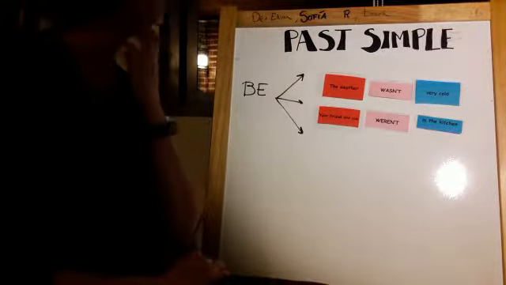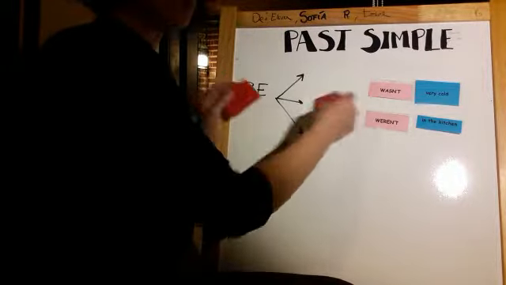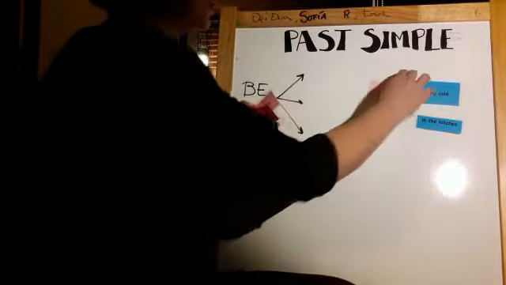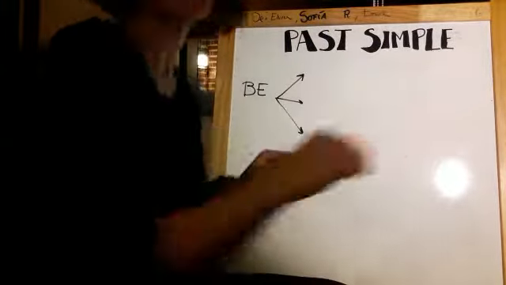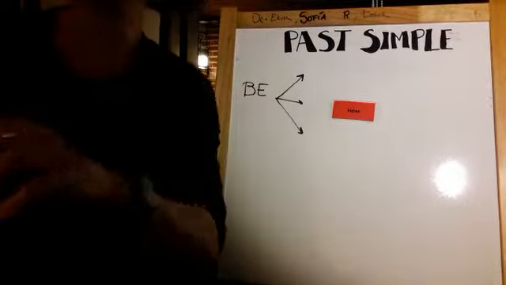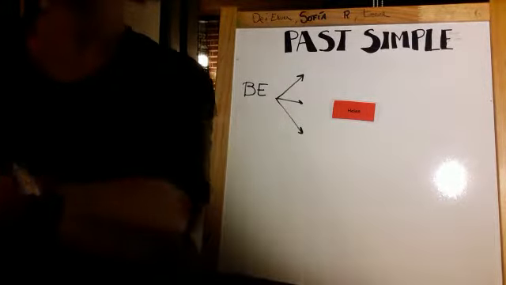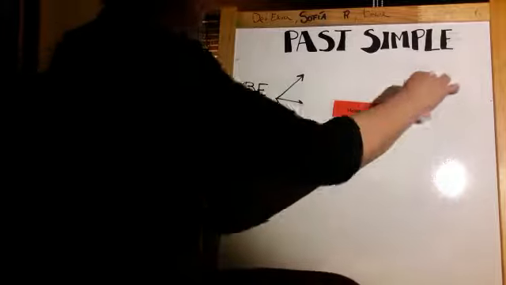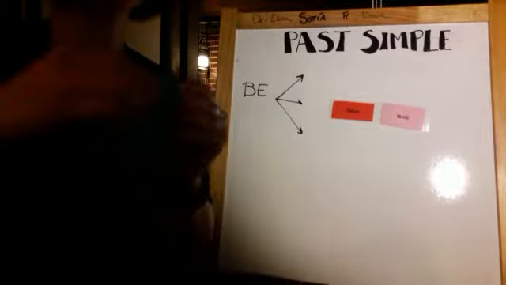Now let's talk about questions. Once again, be is a special verb when forming questions, and we will see how to do it. Let's take an example of an affirmative sentence. For example, we'll say, Helen was at the library.